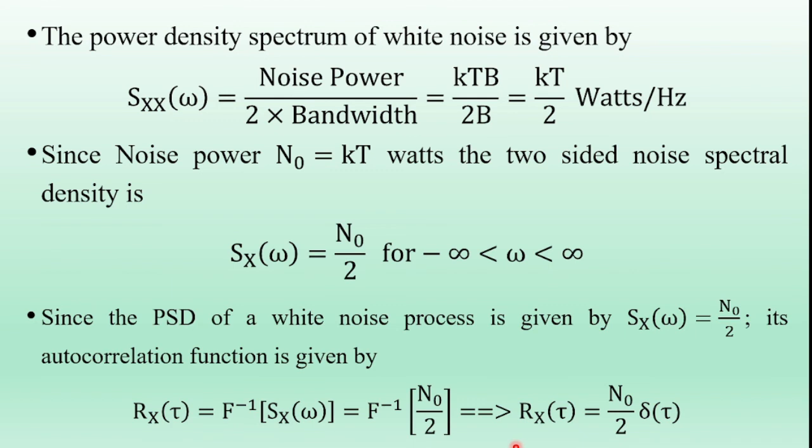So F inverse of 1 is del of tau. So the autocorrelation function of the random process x of t is Rxx of tau equal to N naught by 2 into del of tau. So this is the concept of white noise, or white Gaussian noise.